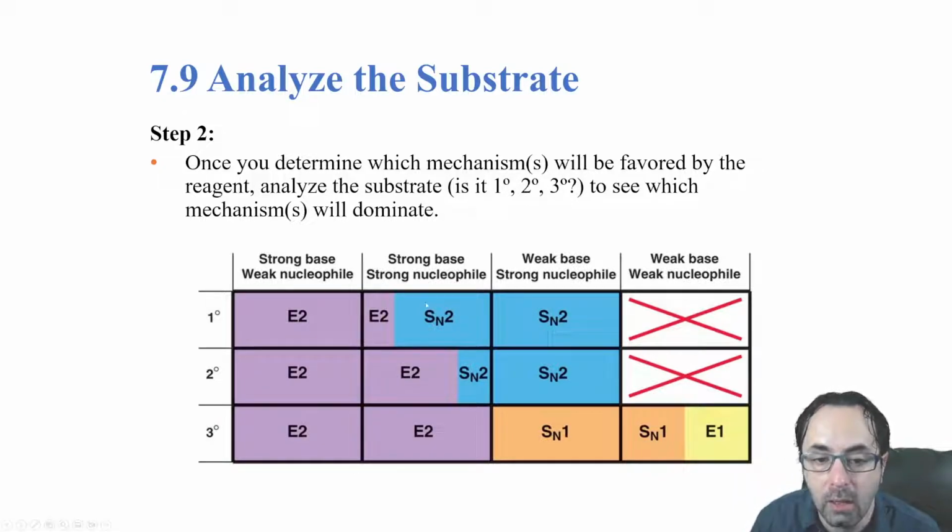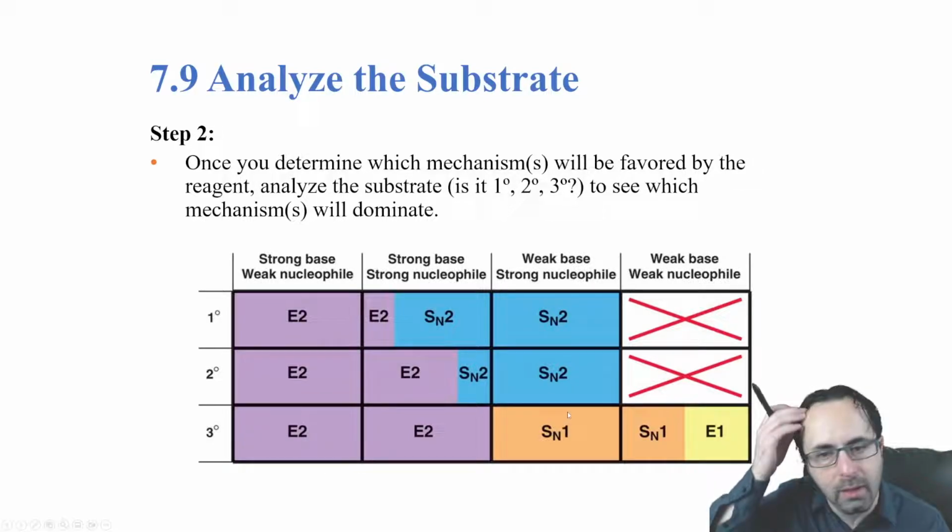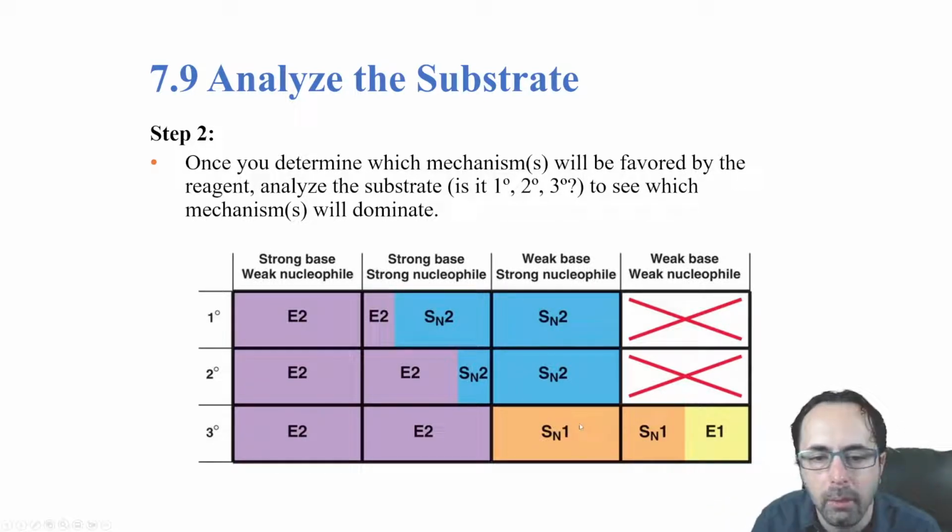So understanding why each of these boxes is populated the way it is, as I just described, is extremely important, and you'll want to be able to populate this box in your mind based on your knowledge, because I will ask you for explanations for why is elimination favored here, why is substitution favored here, right? It's not just about getting the right answer, but understanding why it's right.